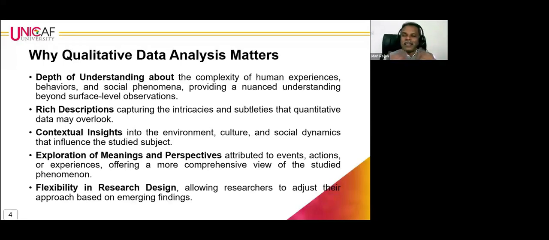For example, I can begin with the descriptive method. At some point, I may think that instead of going with the description, I may go with some sort of impact kind of thing. I can change it, because it's not a rigid method. It will give you more flexibility to adapt according to the context.